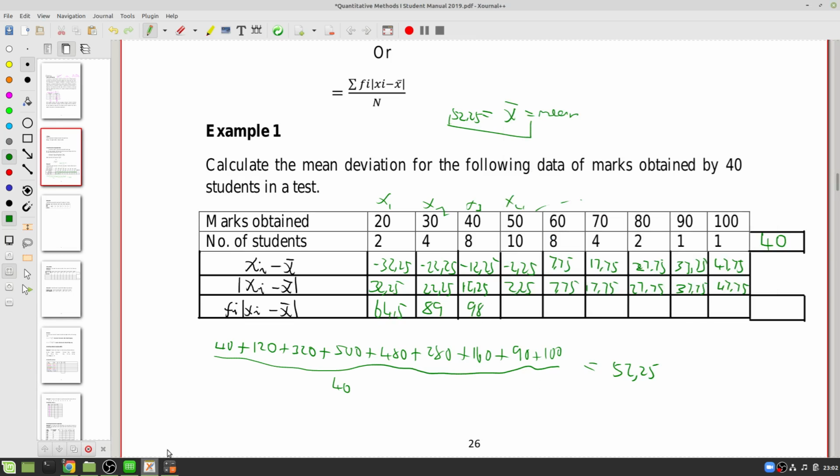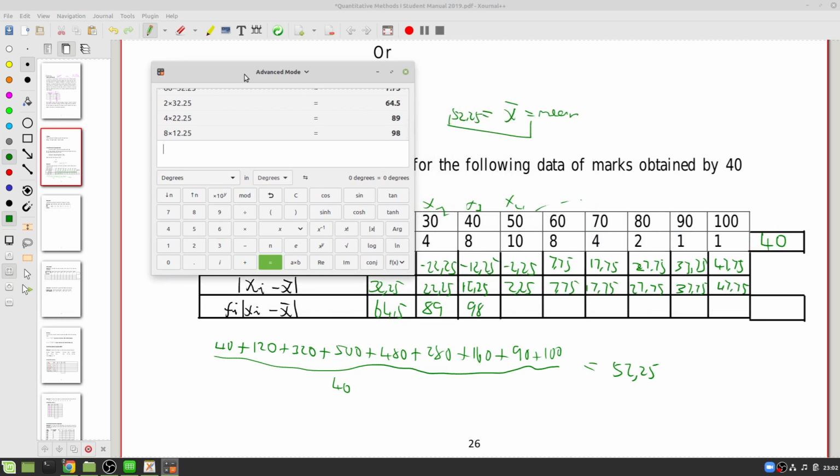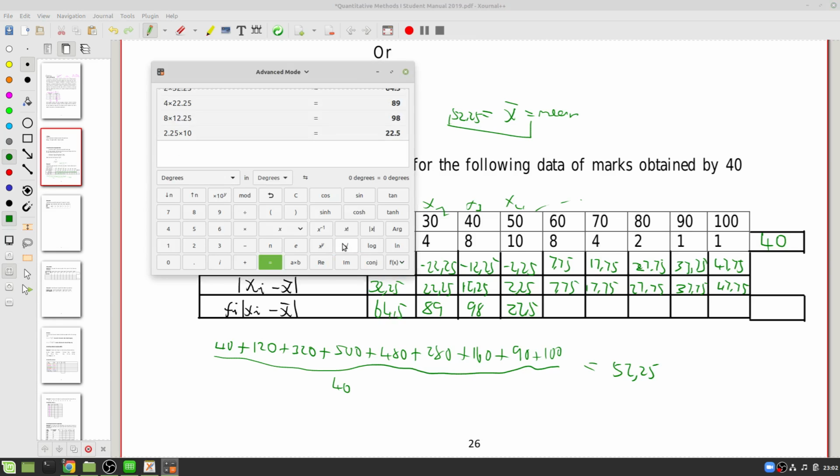And we keep going with all of this. So let me just complete all of this. I know it takes a little bit of time. 2.25 times the 10, that's 22.5. Then we've got 8 times the 7.75. Ooh, almost typed something wrong. 62.